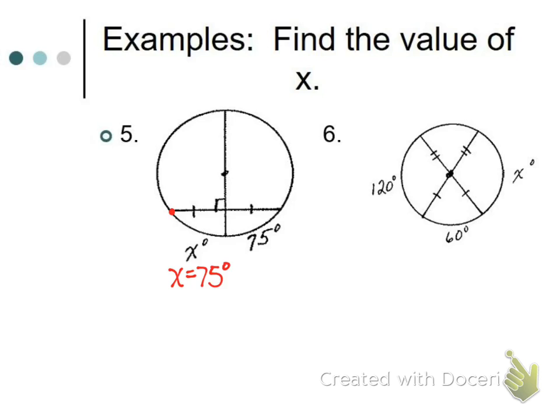So that means that this arc here is getting split in half where the diameter meets the circle. So those two pieces of the arc have to be the same. Okay, other questions, concerns? Nothing?